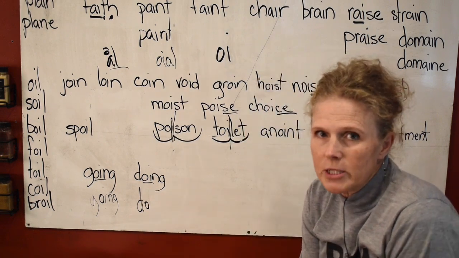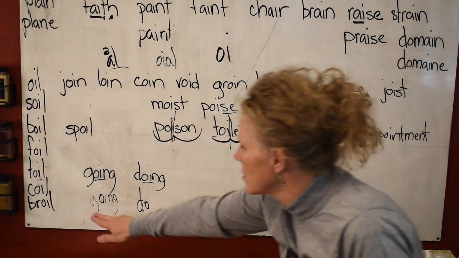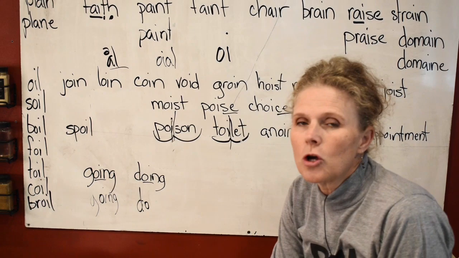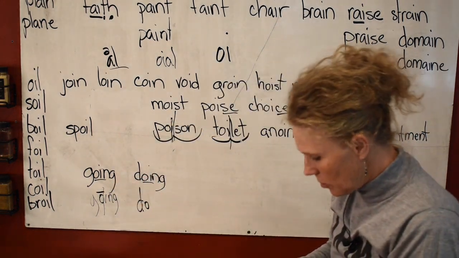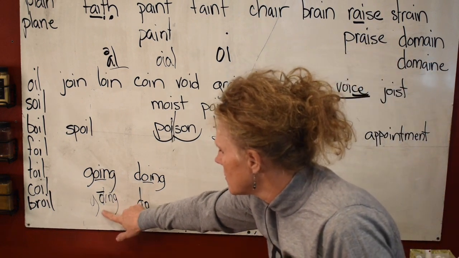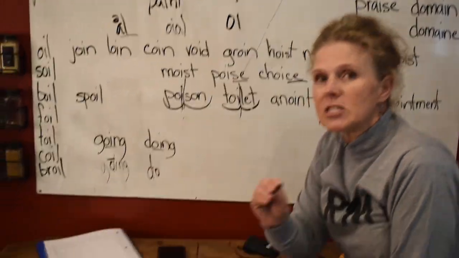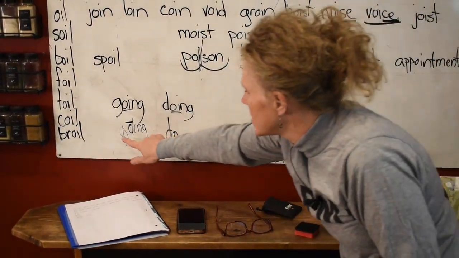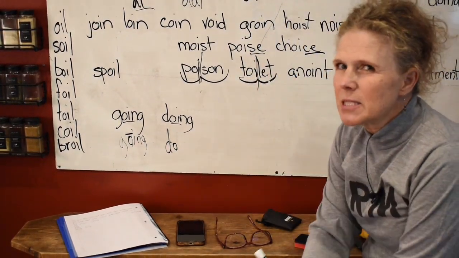If you're first trying to learn the language, you're going to say going, but it's going. So you want to break it. This is a long syllable. It's an open syllable. It's a long vowel that says its long sound, and it's going. Now this says do, and this is an unusual word.